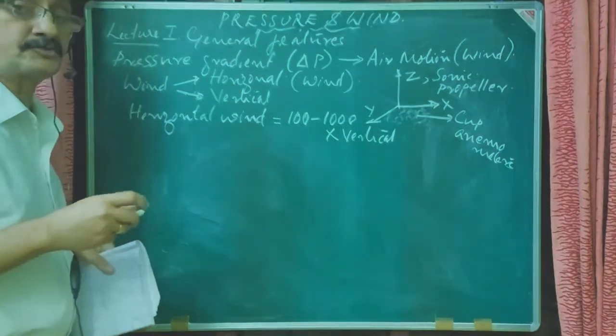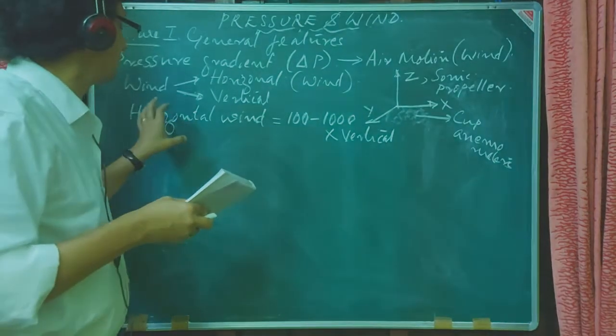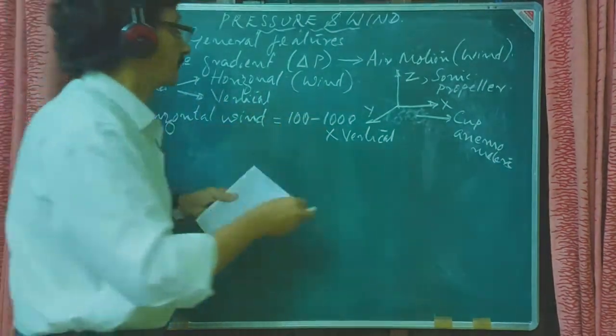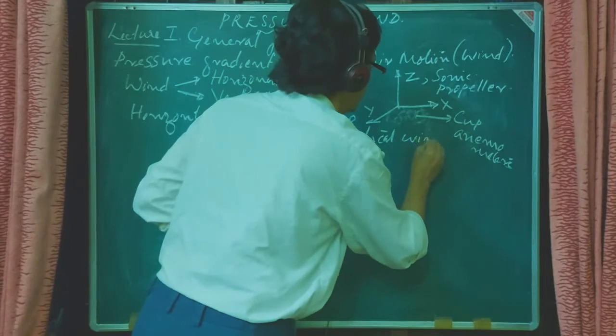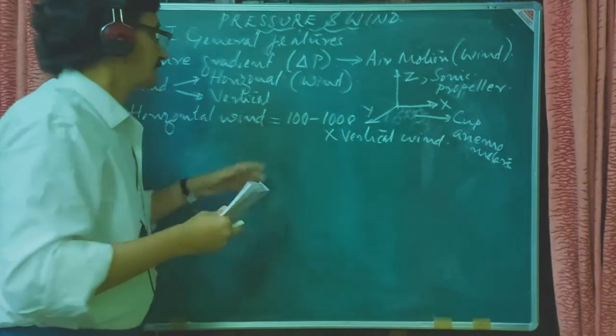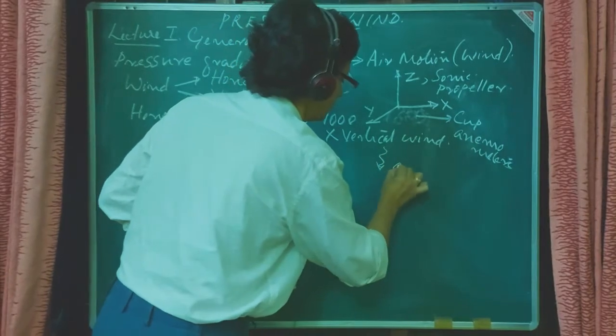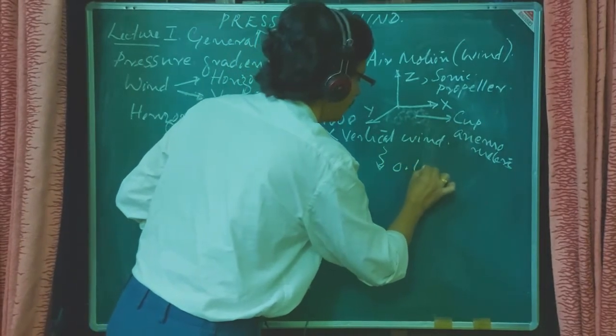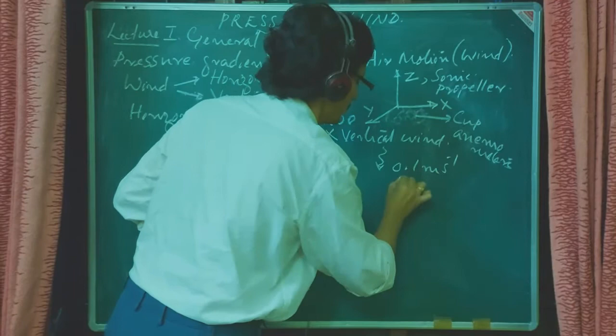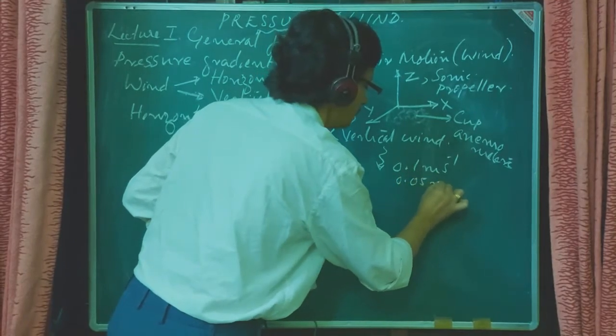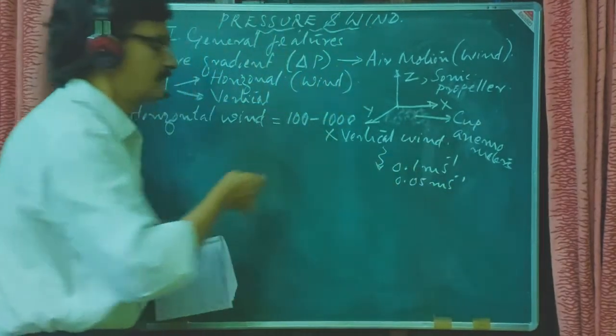The vertical component can be even 0.1 meter per second or even 0.05 meter per second, which is negligibly small.